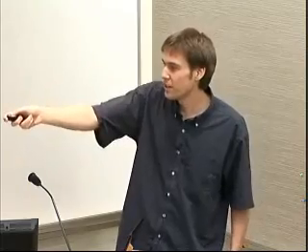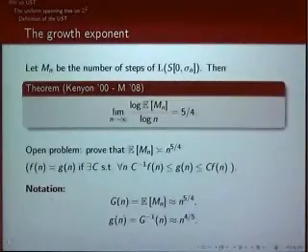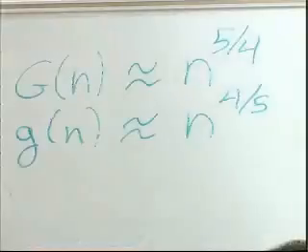If we knew that these things were actually comparable to n to the 5/4 and n to the 4/5, I wouldn't have to bother with this notation. But since there might be some hidden log terms in here, I'm going to use it. Whenever I use it, you should just think that capital G is n to the 5/4 and little g is n to the 4/5.